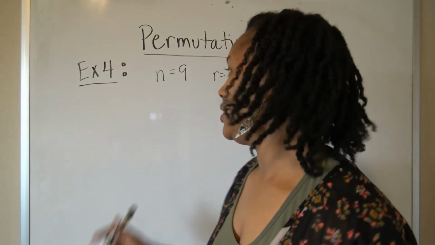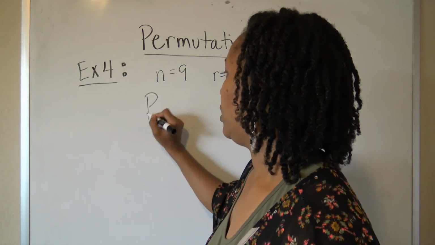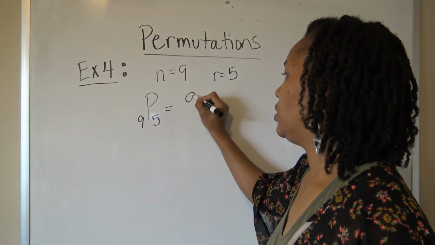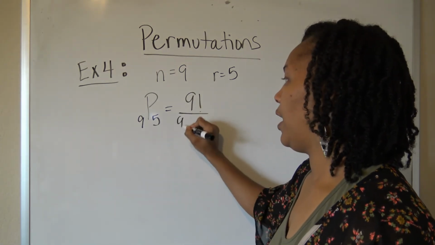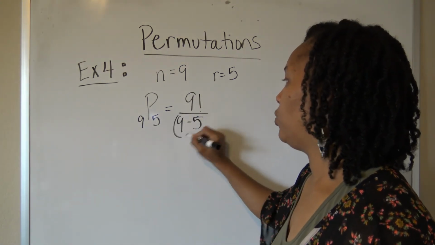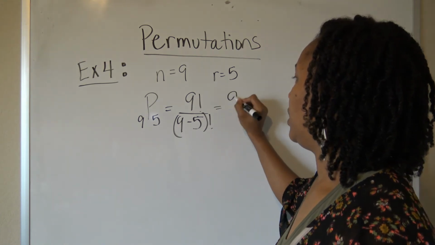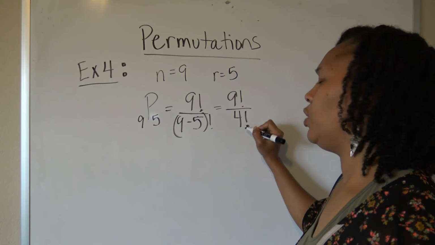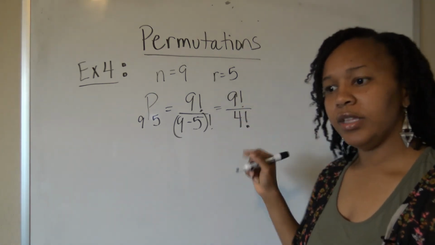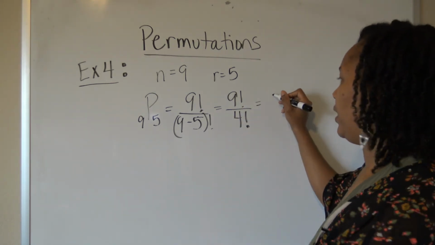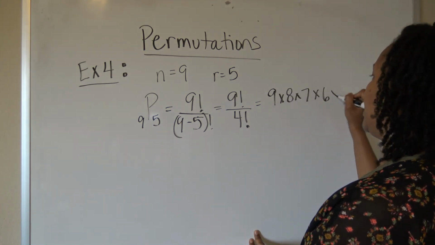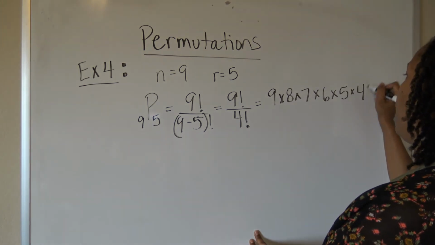Since it is a permutation, we will use the permutation formula, which is 9P5. So that's equal to 9 factorial over 9 minus 5 factorial, which is equal to 9 factorial over 4 factorial. So again, you could just plug those in your calculator and divide them, or you can break it down and say that's 9 times 8 times 7 times 6 times 5 times 4 factorial.